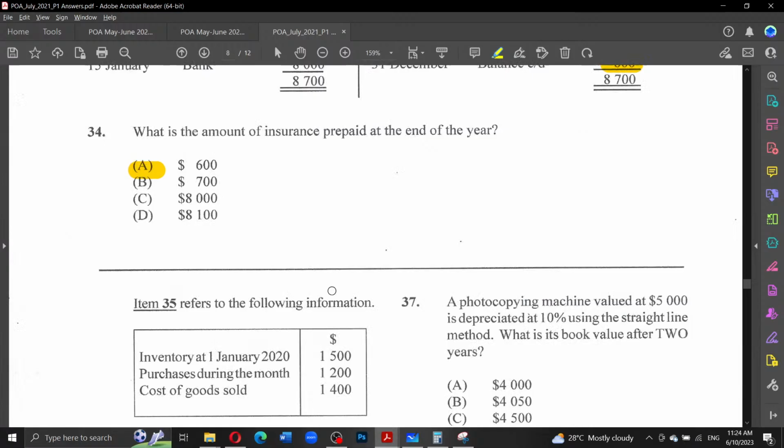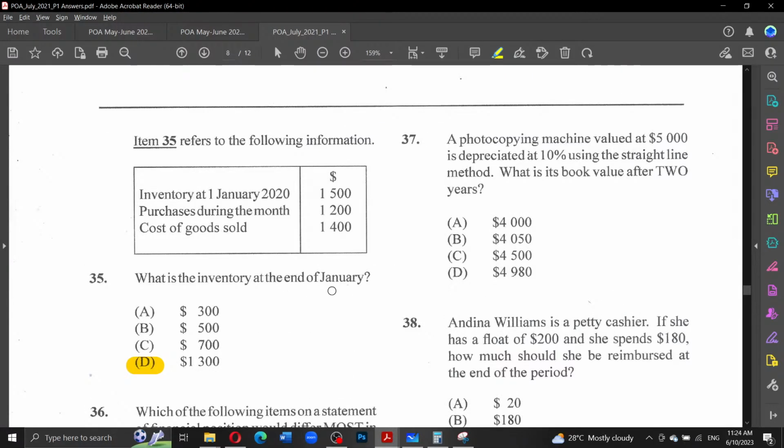A photocopying machine was bought at $5,000 and depreciated at 10% using the straight line method. What is its book value after 2 years? So 10% of 5,000 is 500, and like I said earlier, with straight line, the same amount is used for all of the years. So 500 is in year 1, 500 will be in year 2, and 500 for all 10 years of its life.